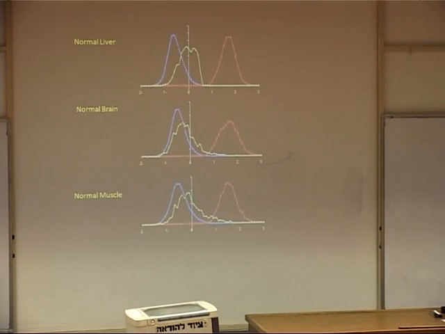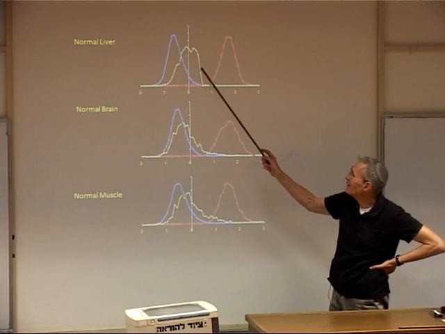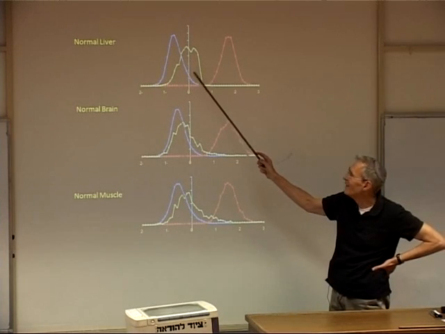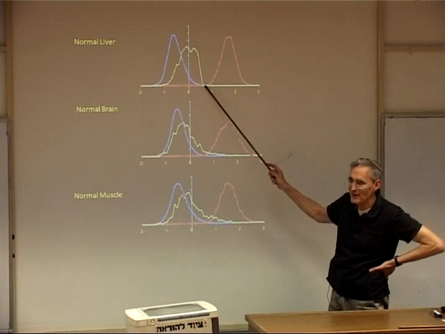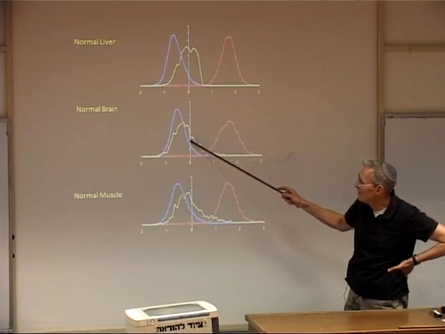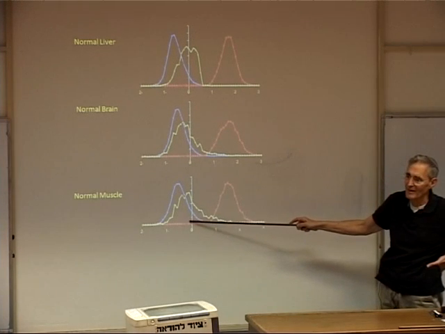Here's another example. These are CpG islands that undergo methylation in hepatomas, in liver tumor cells. In the liver, they're already methylated, in normal liver, and it's tissue specific, not in brain, or less in brain and less in muscle. Okay?